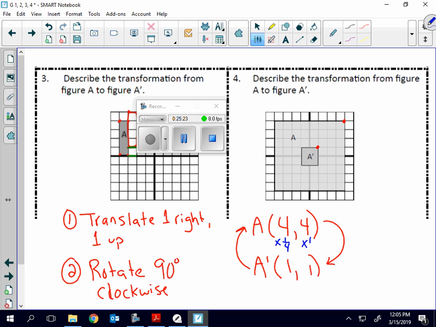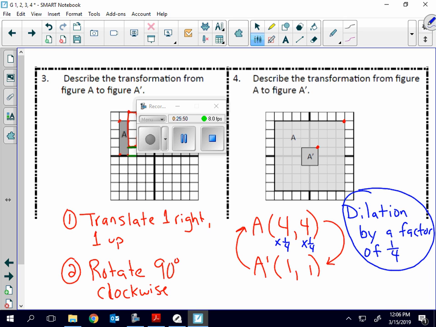So if I multiply both of these by 1/4, I will get my 1, 1. So the dilation, by a factor of 1/4, will get me my new rectangle or square.